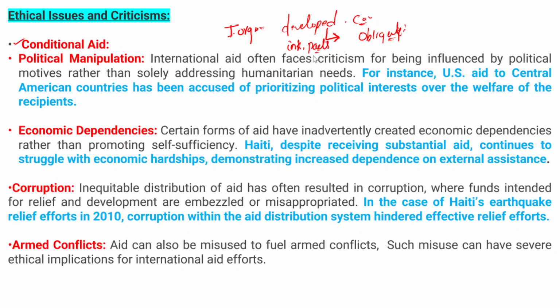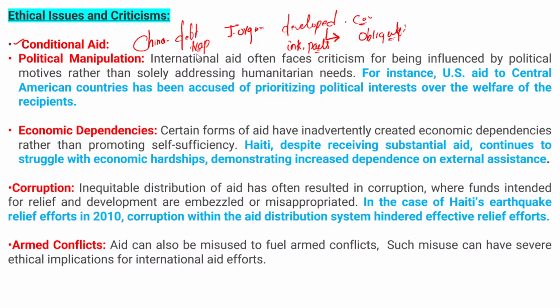Even nowadays, China has been following this approach through debt trap diplomacy, where it has been deliberately giving loans to the developing countries, underdeveloped countries, and resource starved countries. So, therefore, there is political manipulation and conditional aid, which has been benefiting the narrow national interest of those countries which have been giving foreign aid or international aid.